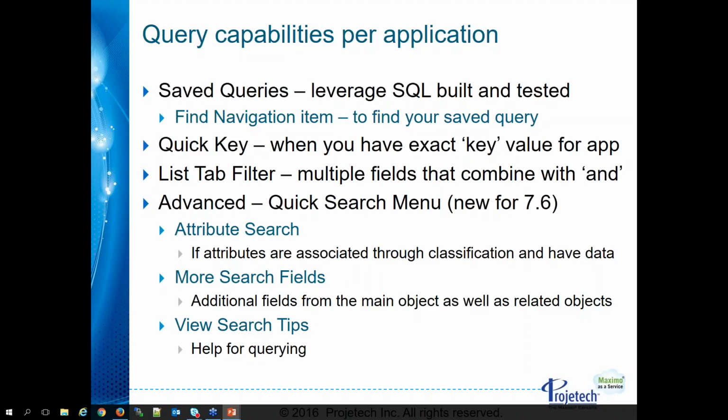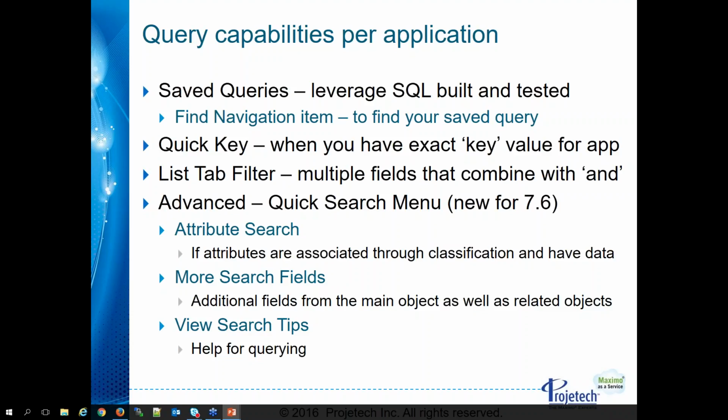The advanced search and, of course, the quick search menu, which gives you access to the advanced search as well, which is new for 7.6, has a number of things on it as well. Attribute search for searching classification, specification, attribute data, as opposed to the object and attribute portion of the Maximo design and the tables.